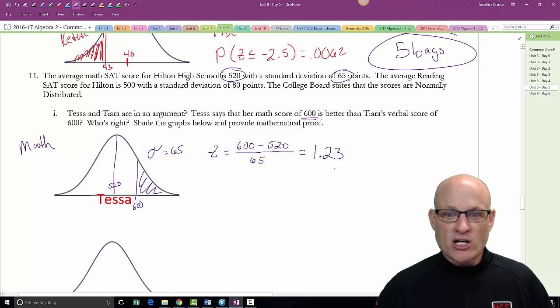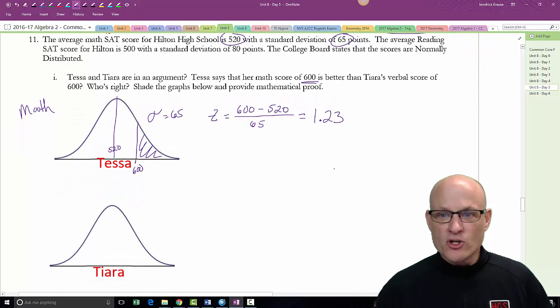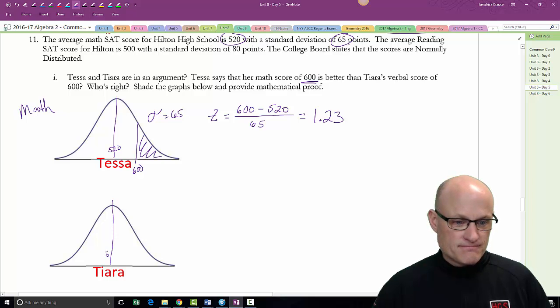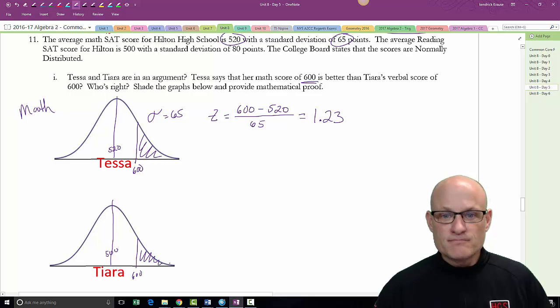Okay, let's talk about Tiara's verbal score. Verbal has an average of 500. Tiara got a 600. And the standard deviation is 80.